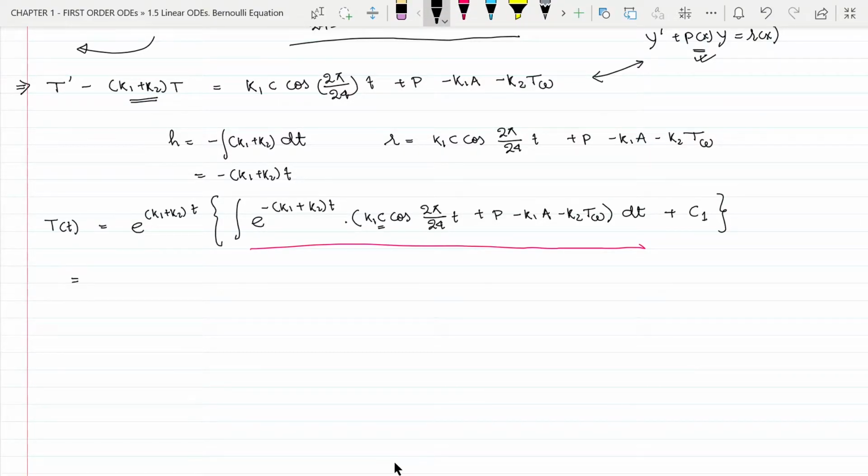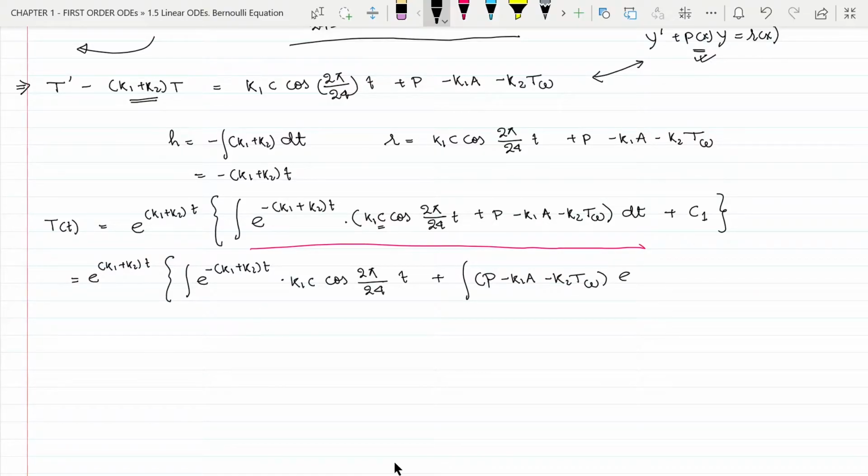For that, we will write this as e to the power K1 plus K2 t, integration of e to the power minus K1 plus K2 t multiplied by K1C cos 2 pi by 24t, plus integration of P minus K1A minus K2 T omega times e to the power minus K1 plus K2 t dt, plus constant of integration C1.